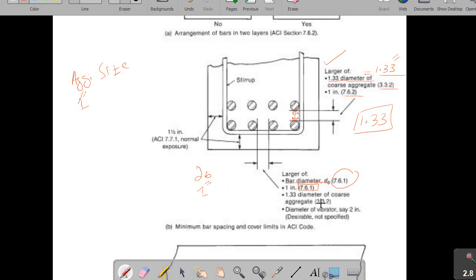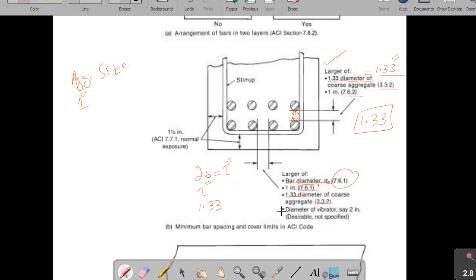Section 3.2.3.3.2 says it must be at least 1.33 times the diameter of the coarse aggregate, so which is 1.33. Here the maximum diameter of the bar is number 8, so that is why it equals 1 inch, because 8 divided by 8, the diameter of number 8 equals 1 inch.